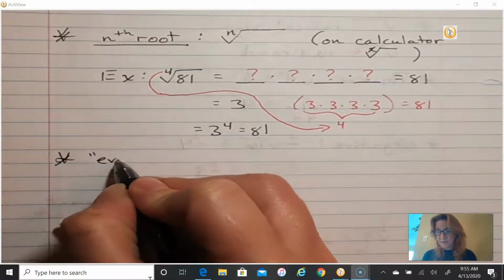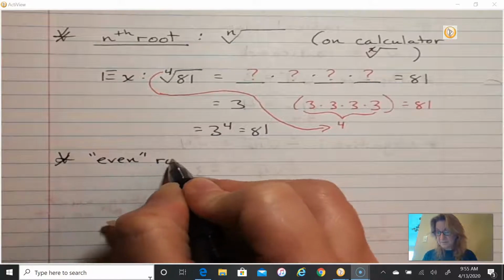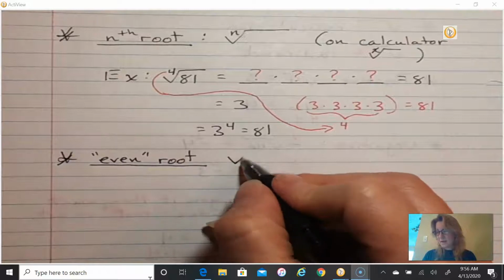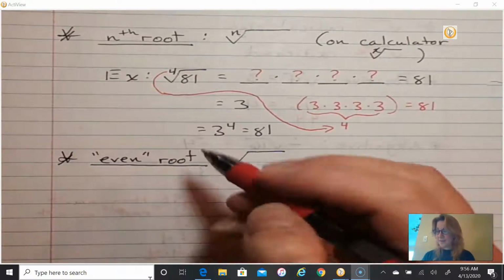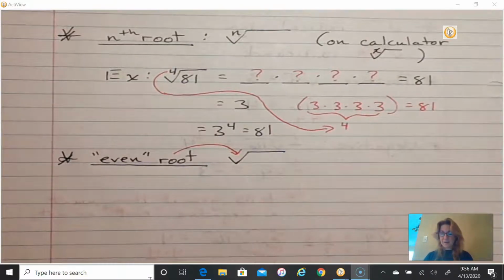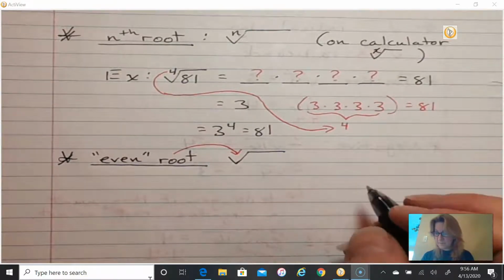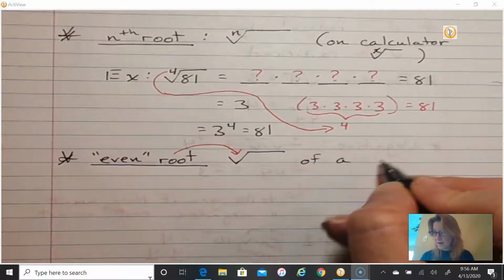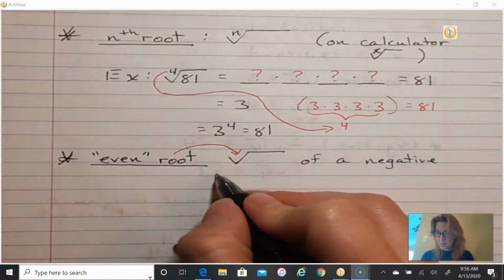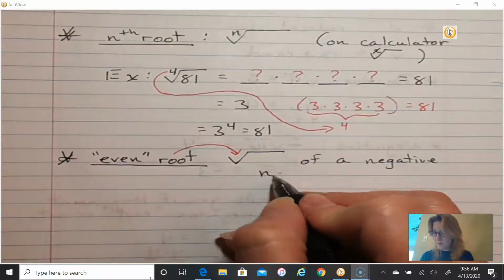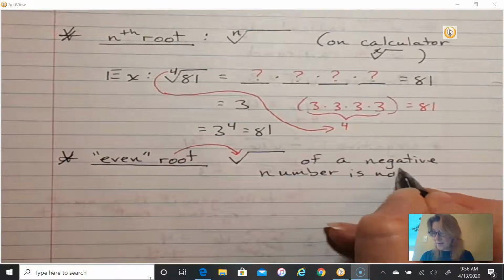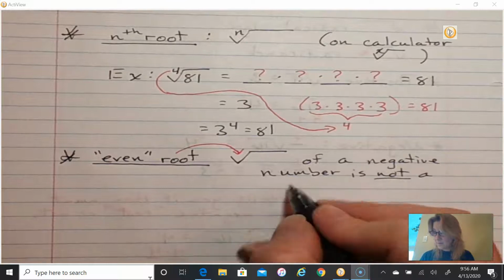Now I got to introduce even roots. What they're talking about is, remember the root is right here. The even root of a negative number is not a real number.